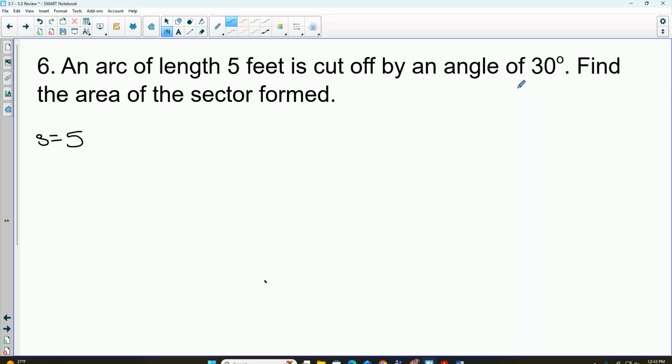What variable do we use for the angle? Find the area of the sector formed. What variable do we use for that?